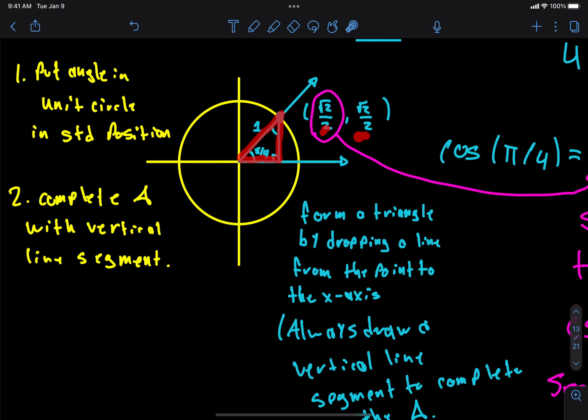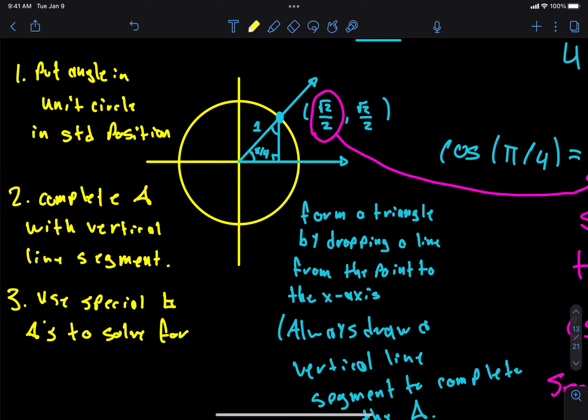Special right triangles. Okay, special right triangles. So step 3 is use special right triangles to solve for the lengths of the short legs.